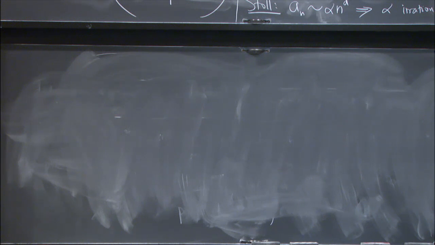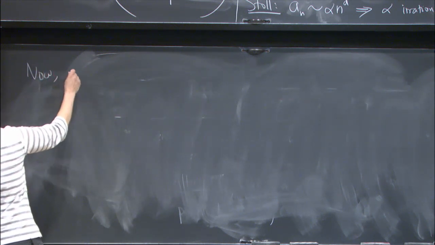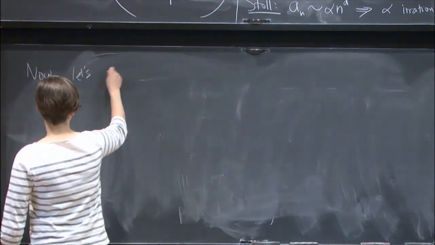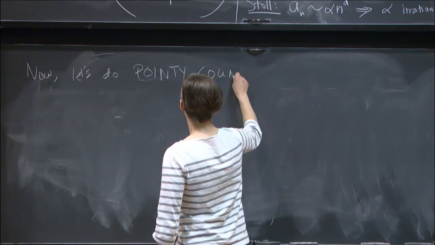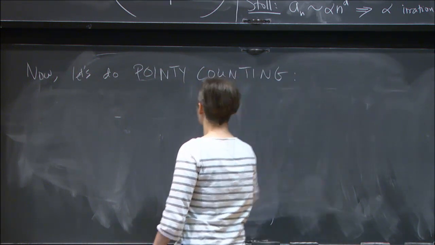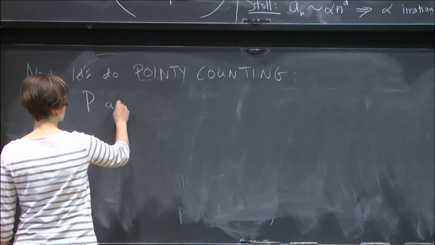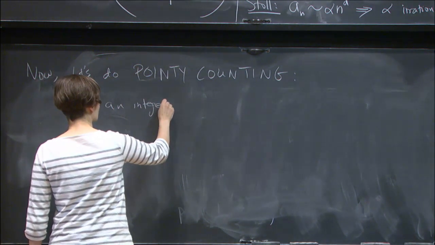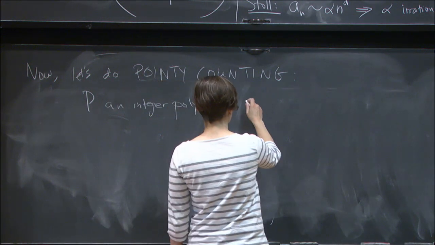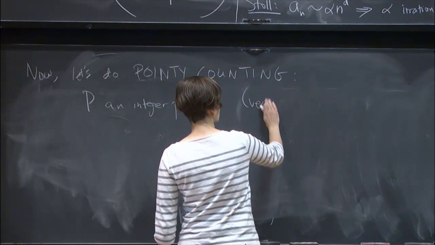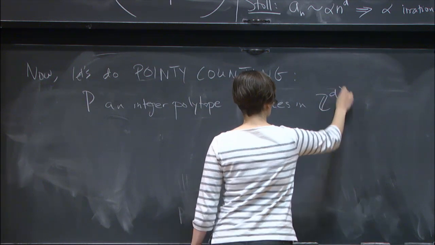Let's do lattice point enumeration in polytopes. Okay, so let me take P to be an integer polytope, by which I mean the vertices are in the lattice points. Vertices in Z to the d.